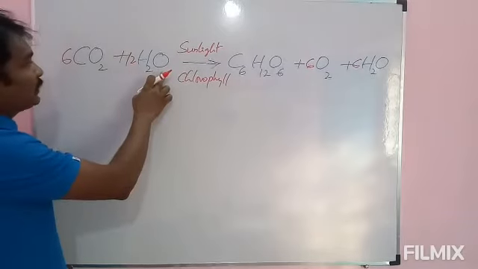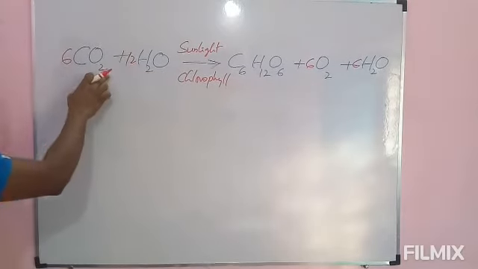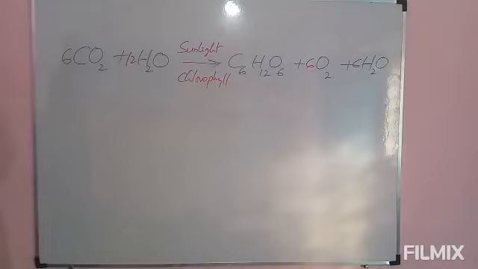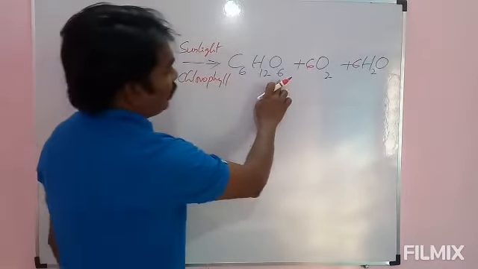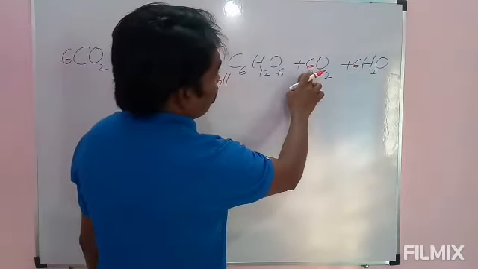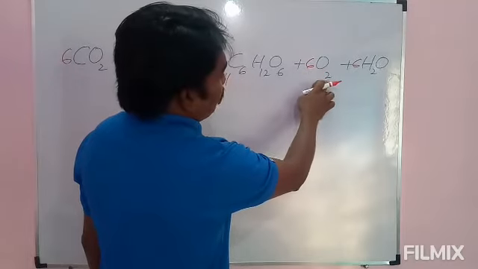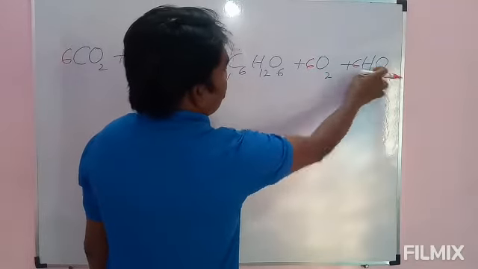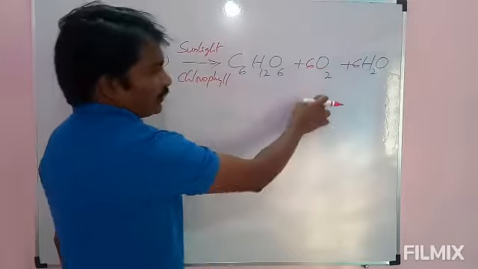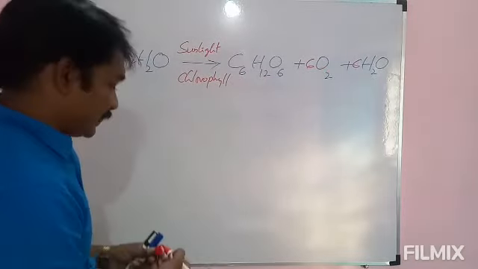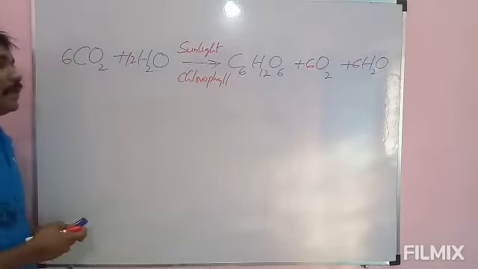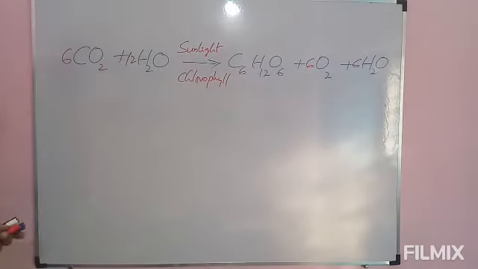And here 12 oxygens, here 6 2s are 12 oxygens, 12, 12, 24. Here 6 are there, 6 2s are 12, and 6 are there, 6 plus 6, 12, total 24 oxygen atoms. See here, it is a balanced complete equation.